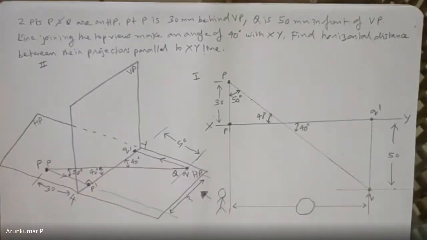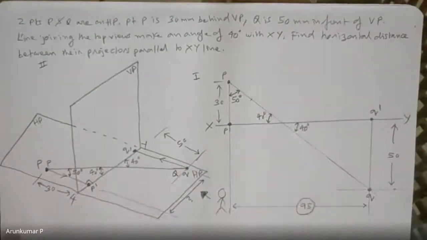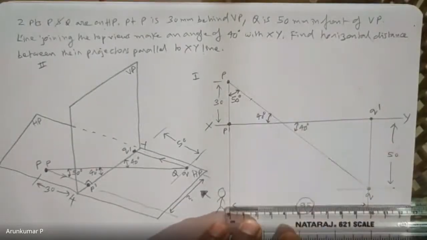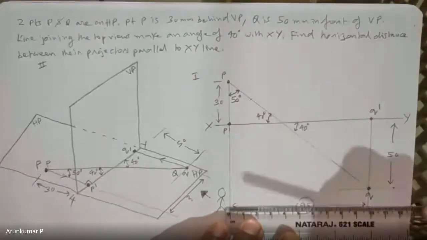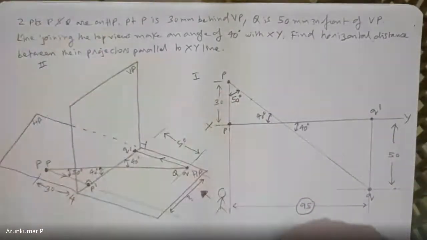So how much are you getting? 92. It should be around 95. If you are drawing to 98, around 95, 96. Let me see how much I am getting. Of course, I am not drawing to scale. I am getting around 98. It is not exact because I am not sure this 50 degrees is exactly 50. It may be 1 or 2 degrees here and there. So it should be around 95 or 96 mm.